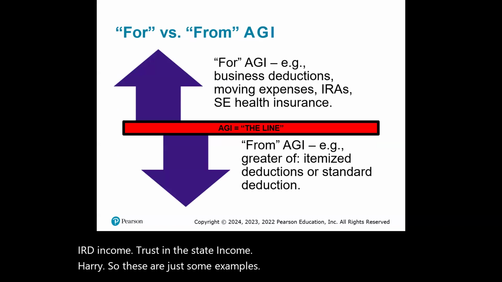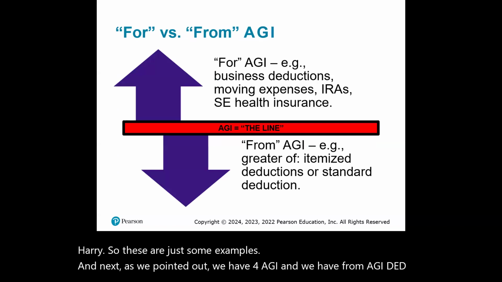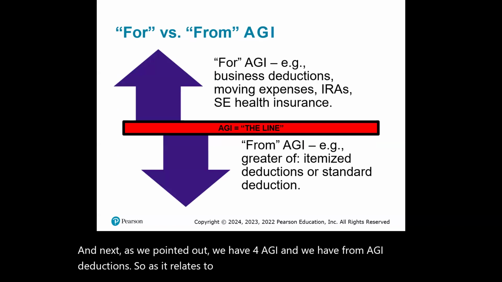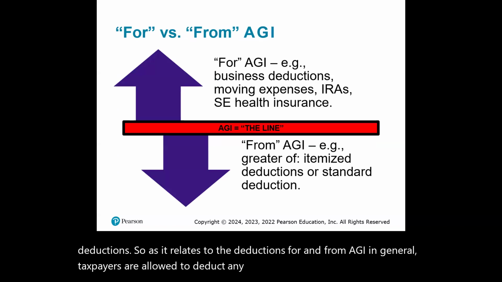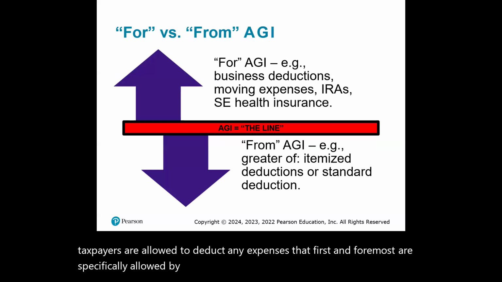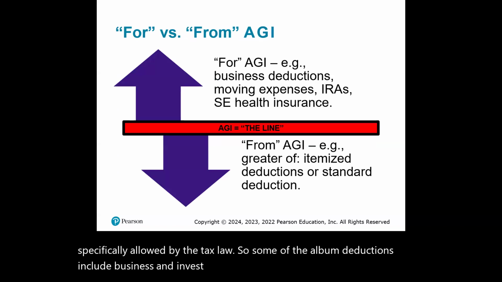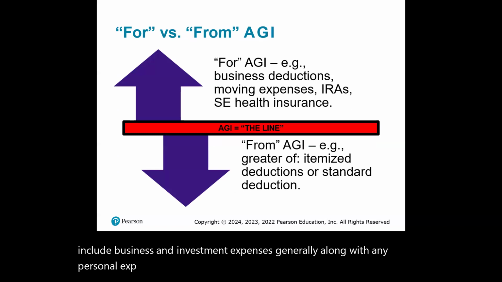And next, as we pointed out, we have for AGI and we have from AGI deductions. So as it relates to the deductions for and from AGI, in general, taxpayers are allowed to deduct any expenses that first and foremost are specifically allowed by the tax law. So some allowable deductions include business and investment expenses generally, along with any personal expenses that are specifically provided for in the Internal Revenue Code.